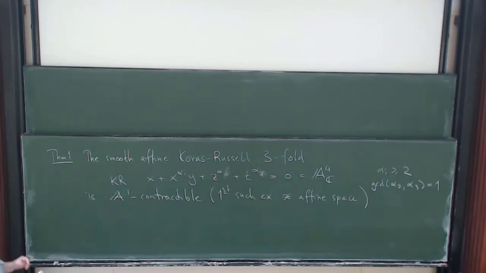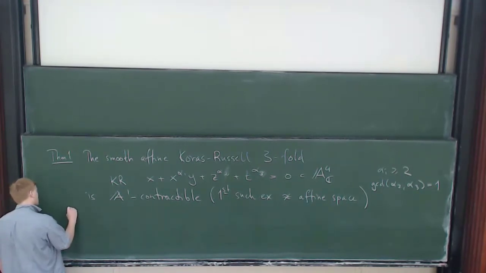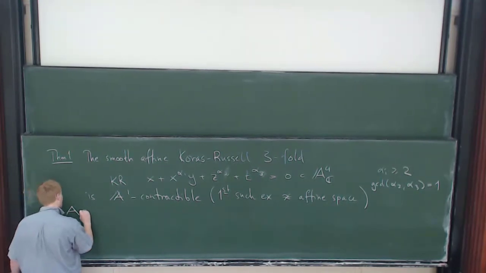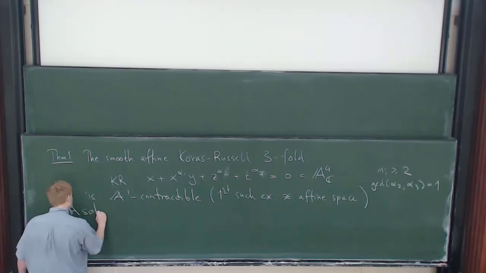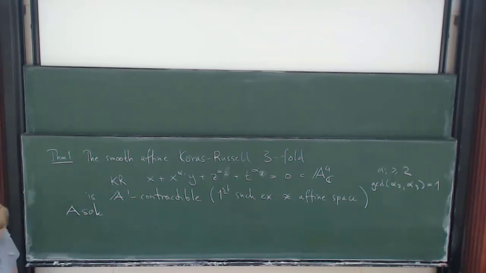So this theorem is the effort of quite a few people. I want to mention Aravind Asok, who initiated the study of this example in the context of A1 homotopy theory.